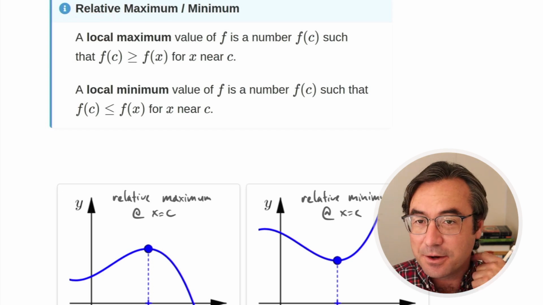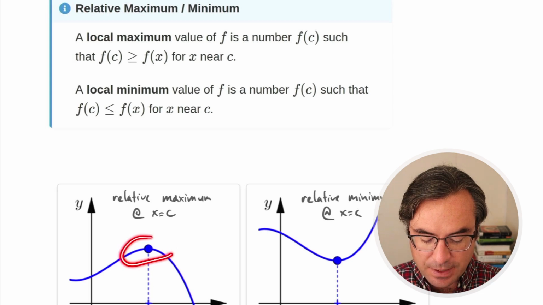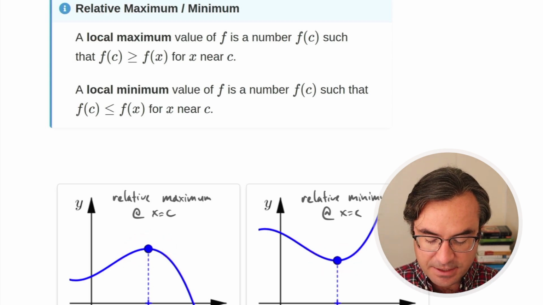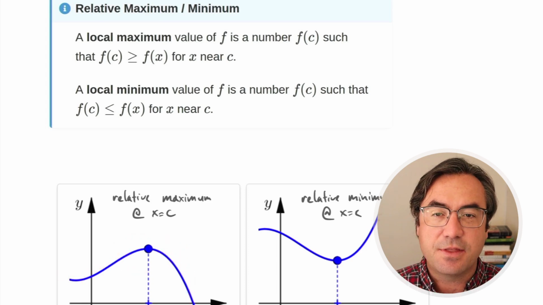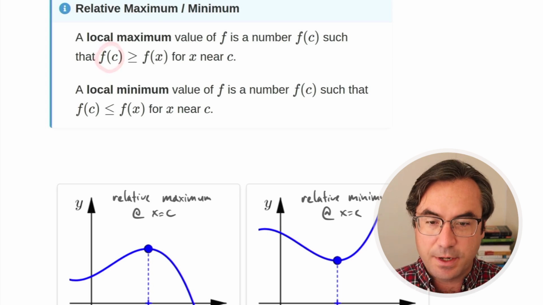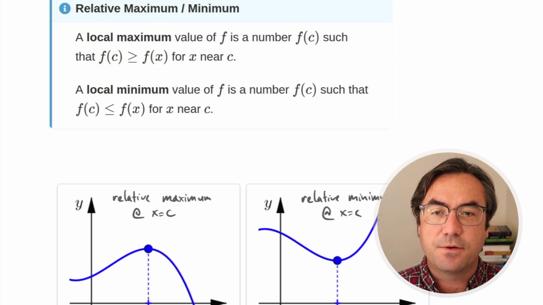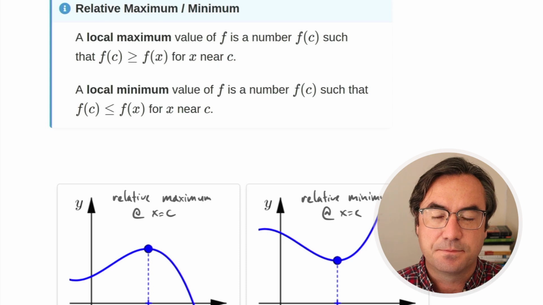I like local better because it gives you the idea that we're just looking in the surrounding area. We're not necessarily considering the entire curve. We're just looking in this immediate area. So the definition for a local max is that our function value at that high point is bigger than all the surrounding function values for x near c.